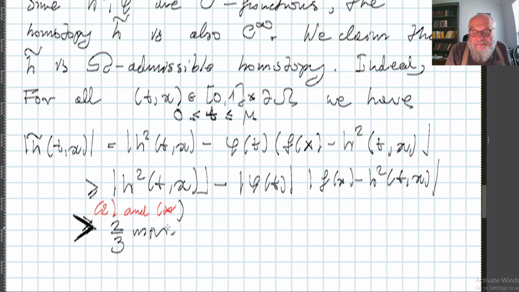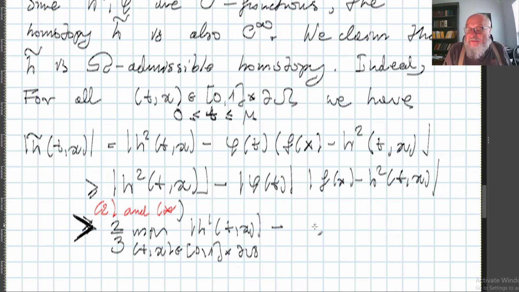and this is the minimum, and that one is equal t of x belonging to 0, 1 times boundary, and this will be f1 t x original minus, and then you have here that one is 1, so the first one is smaller or equal than 1, and that one is actually epsilon 1, so I can put it like this, smaller or equal than 1/3 minimum, sorry.